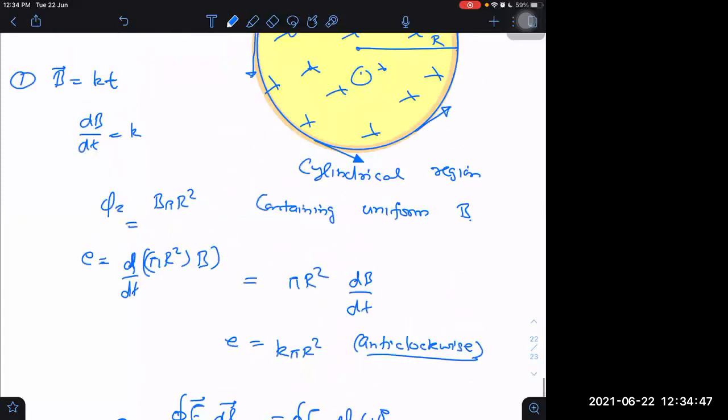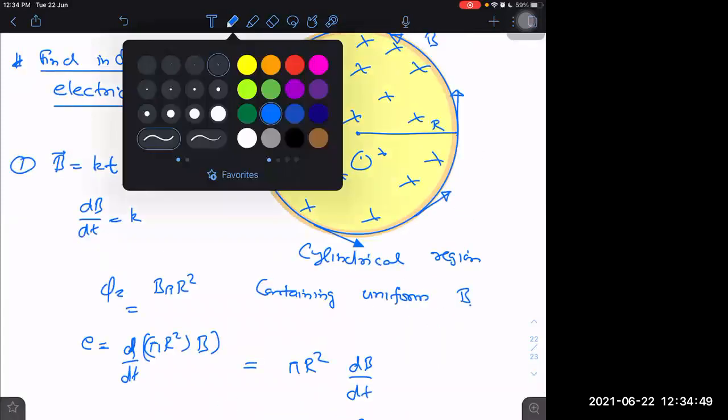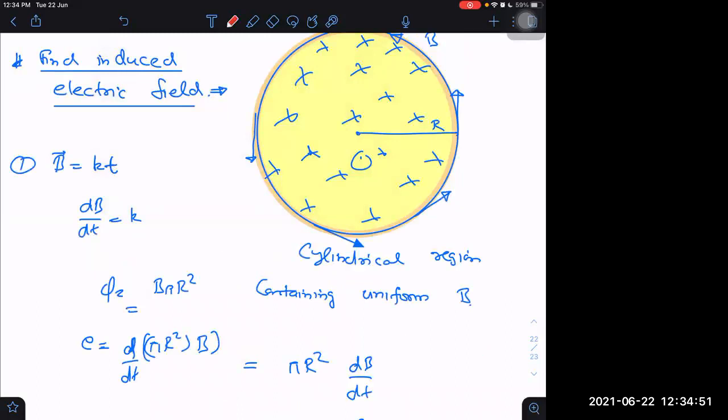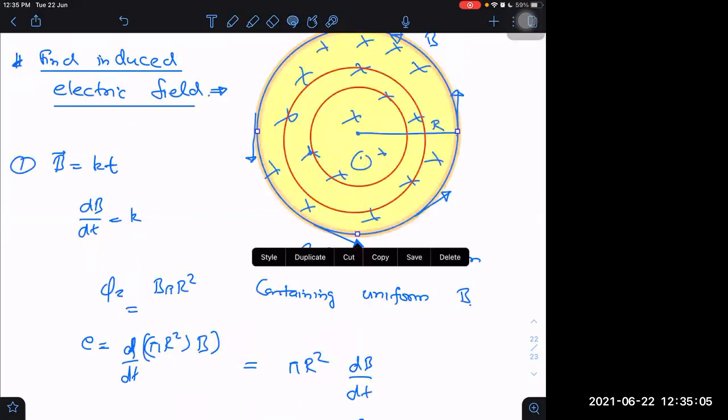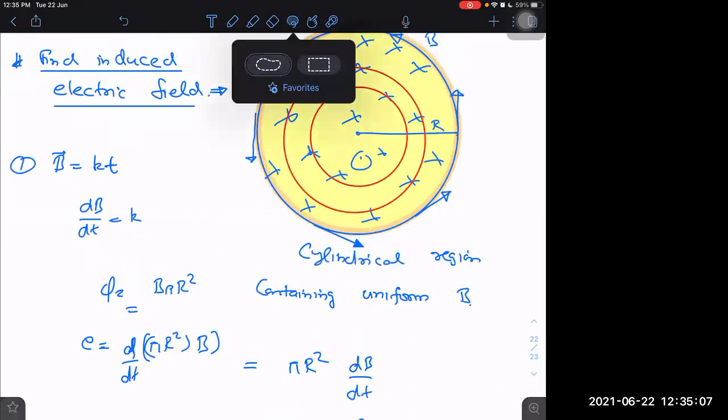One thing you learn is that whenever we have such a cylindrical, symmetric region, electric field lines will always be induced in circular loops with the center of the circle as the axis of the cylinder. It will be a symmetric diagram.